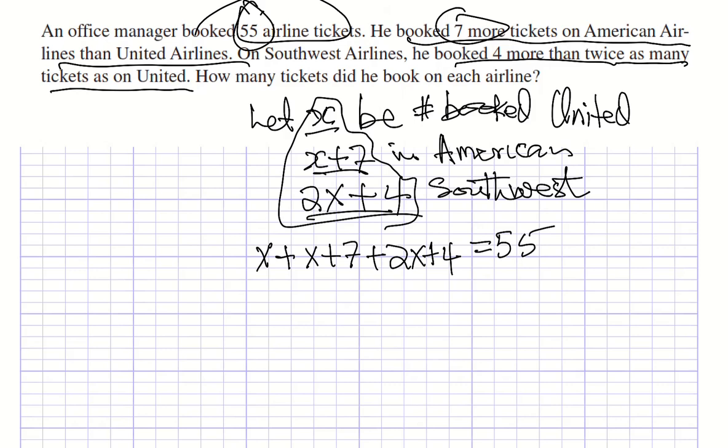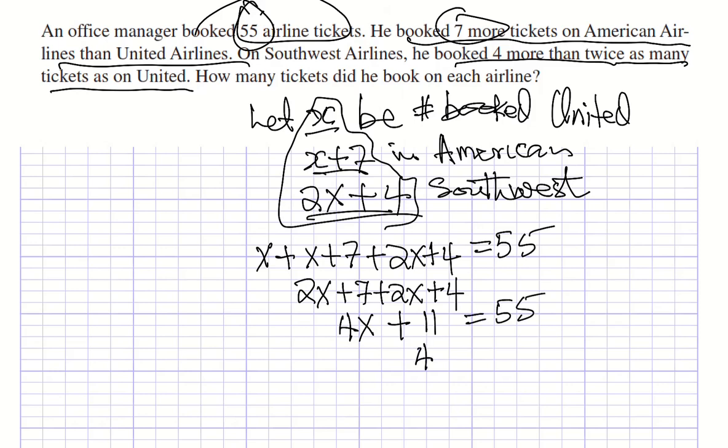That's it. So you have 2x plus 7 plus 2x. Just keep your eyes on the constants and variables. And then you have 4x plus 11 is equal to 55. You see that?